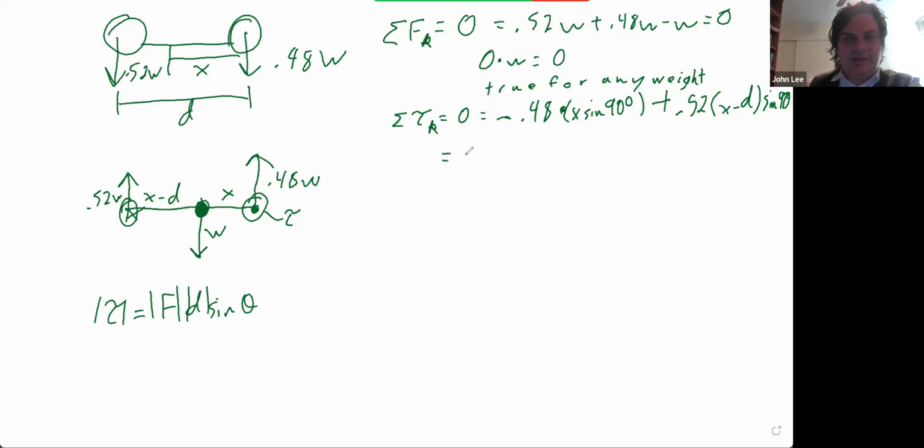So this is going to be negative 0.48 x plus 0.52 x times weight, of course, minus 0.52 d times weight is equal to 0.